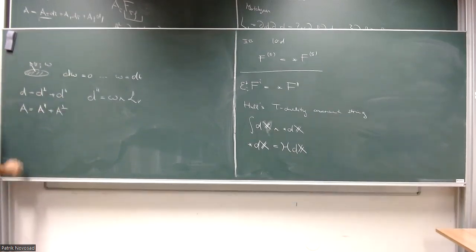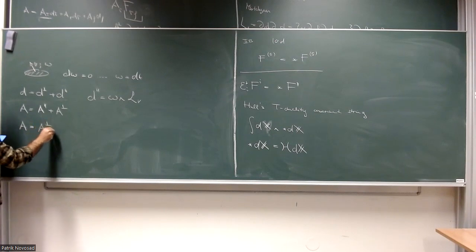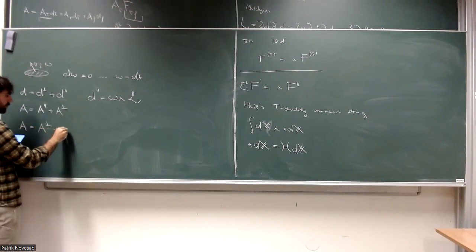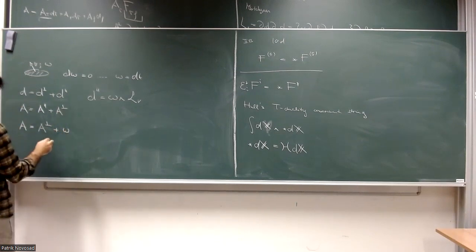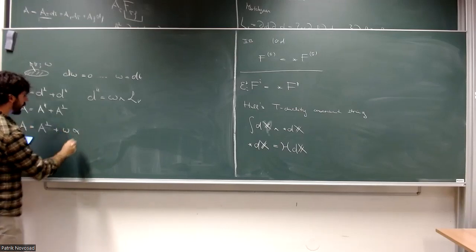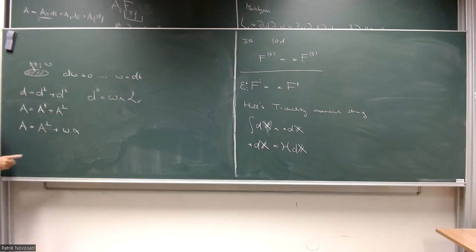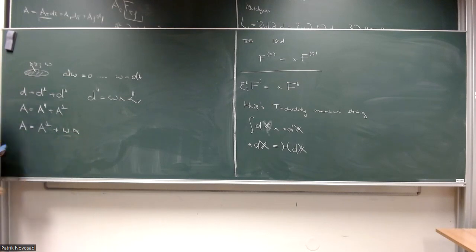So how, I just need to tell you. Omega times, like that. So this is the splitting we choose. So this is the one form. This is some function which multiplies the one form, which will play a role for the Lagrange multiplier. And this will be fixed. So here we will solve for.